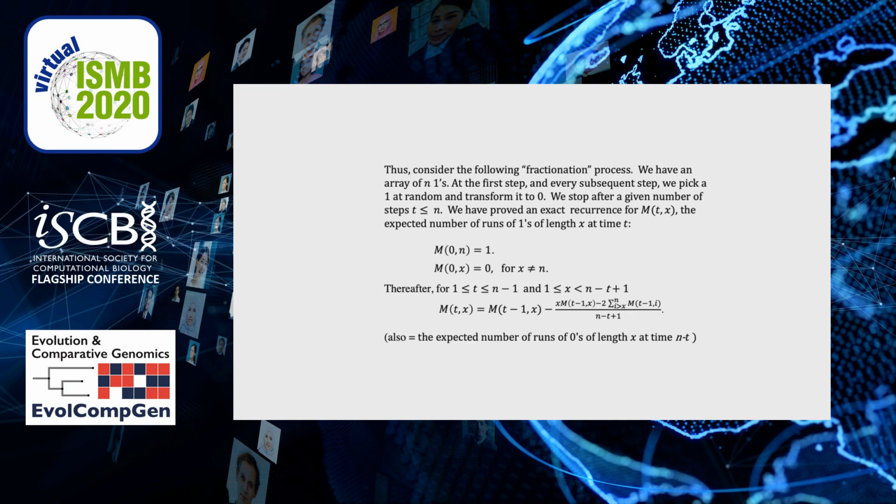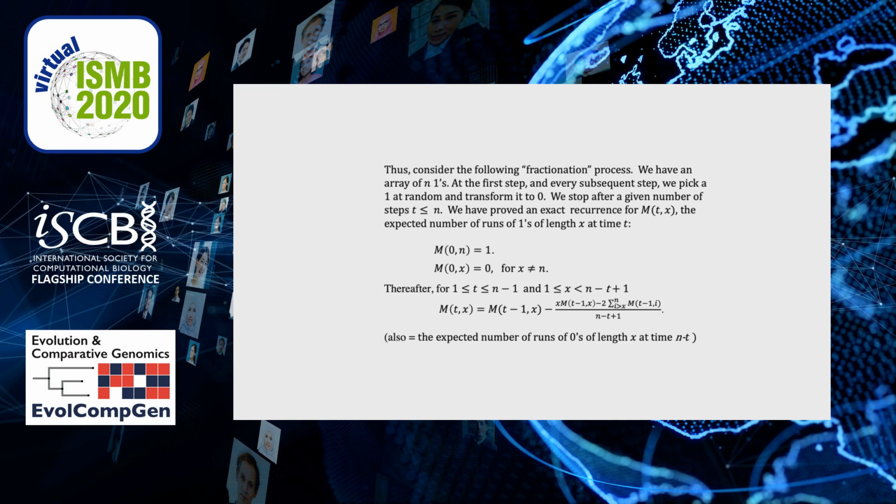The main equation explains how we gain and lose the gaps with size x. In the equation, the first term, M(t-1,x), represents the number of runs with length x at the previous time.